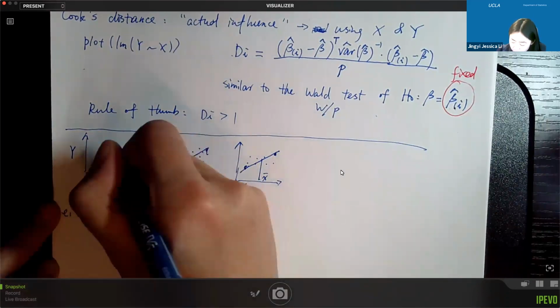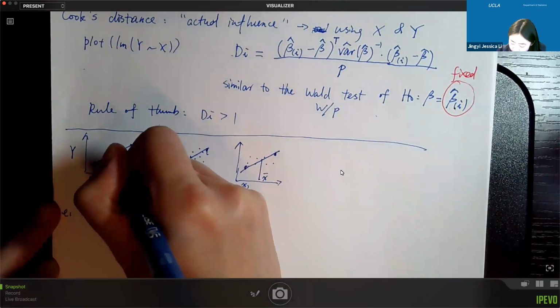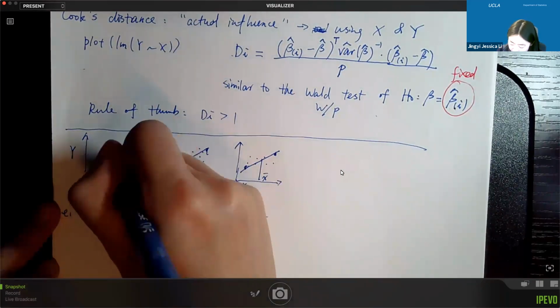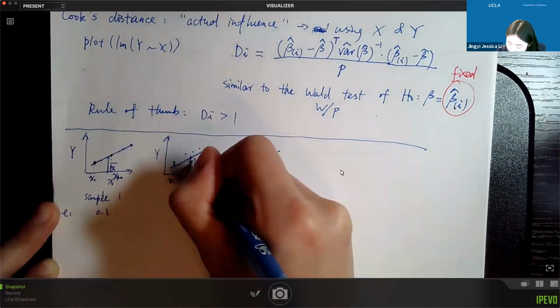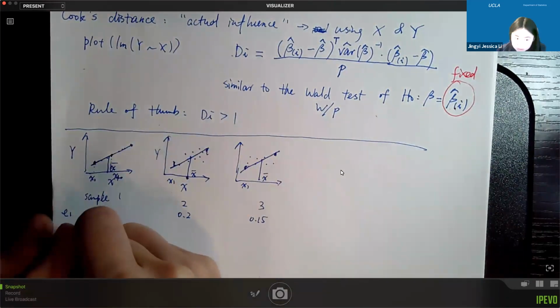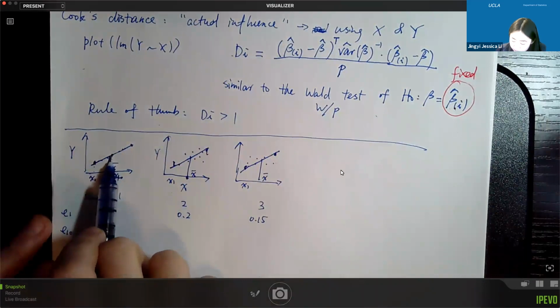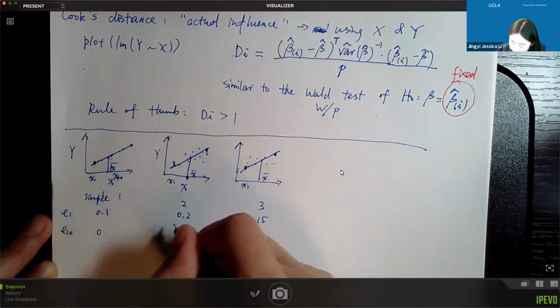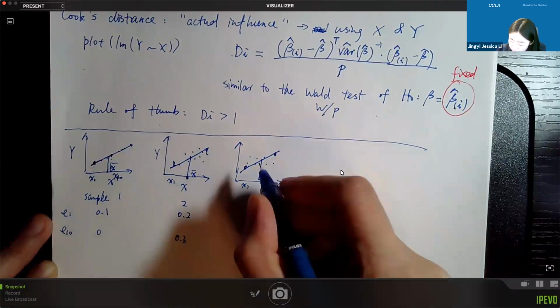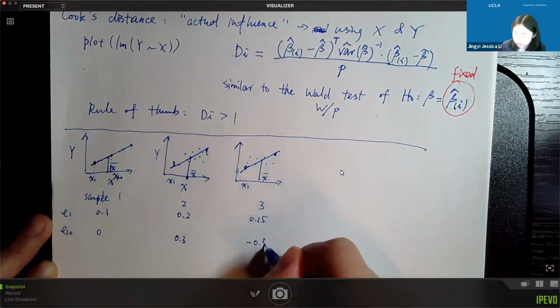But if I take another one close to the center, maybe I call this one x10, then for this x10, it has a residual E10. It's probably like this one may be 0, but this one may be positive 3, and this one may be negative 0.3.